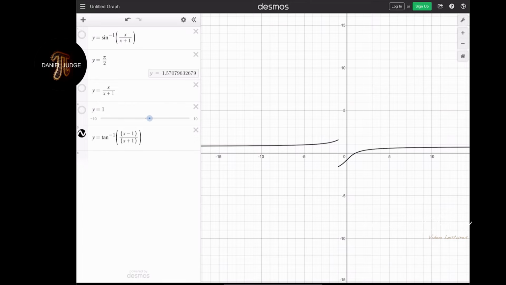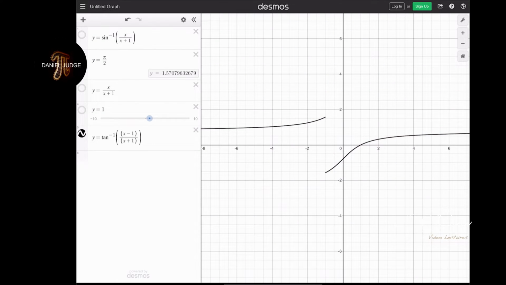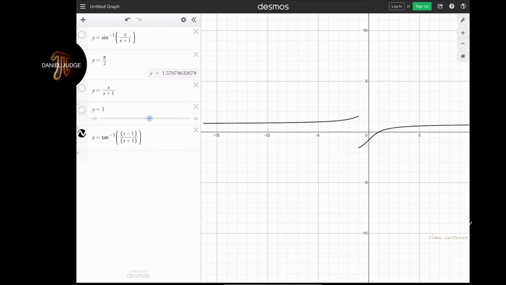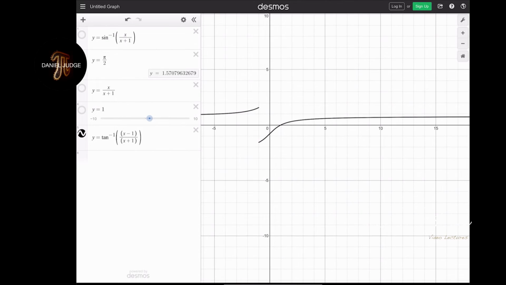And so take a look at what's going on here around negative 1. The function's not defined at negative 1 because you can never divide by 0 here. And when you took the first derivative, what you're supposed to be saying is an increasing slope for all real numbers.